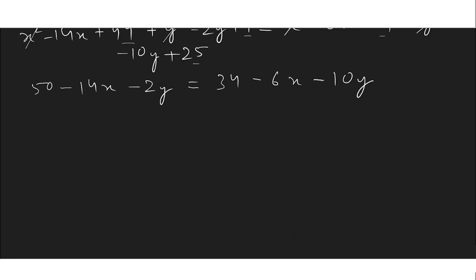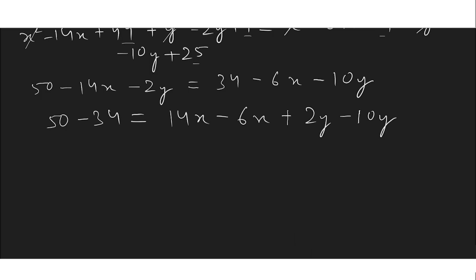We will solve it further. 50 minus 34, 34 taken in the left hand side. 50 minus 34 equal to, all these terms of x and y are taken on the right hand side: 14x minus 6x minus 2y plus 10y.